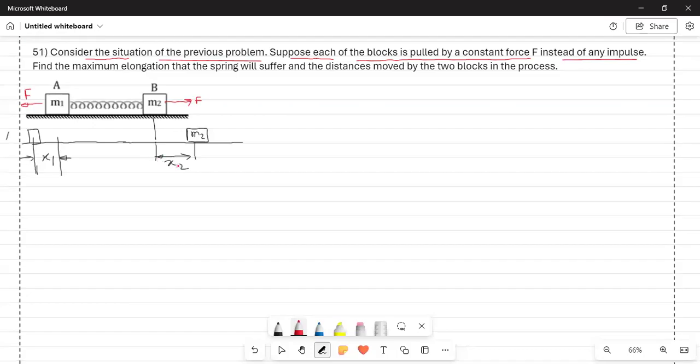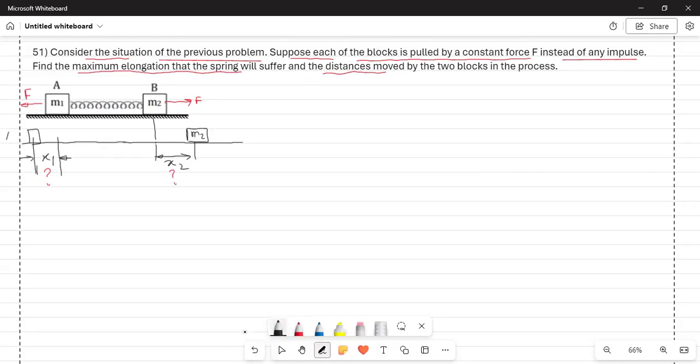Work done on M2 is force into x2, and work done on M1 is force into x1. And what they want to find out? The maximum elongation of the spring, and the distances, the values of x1 and x2.